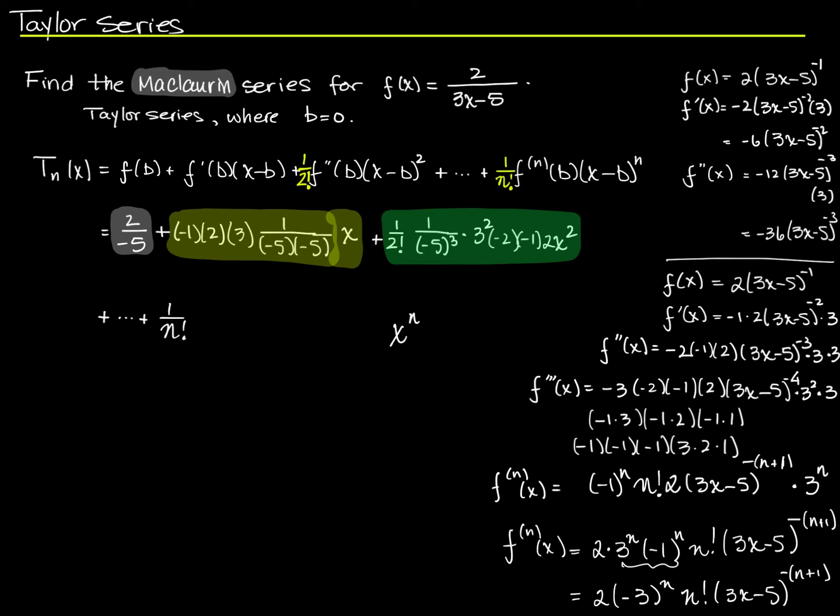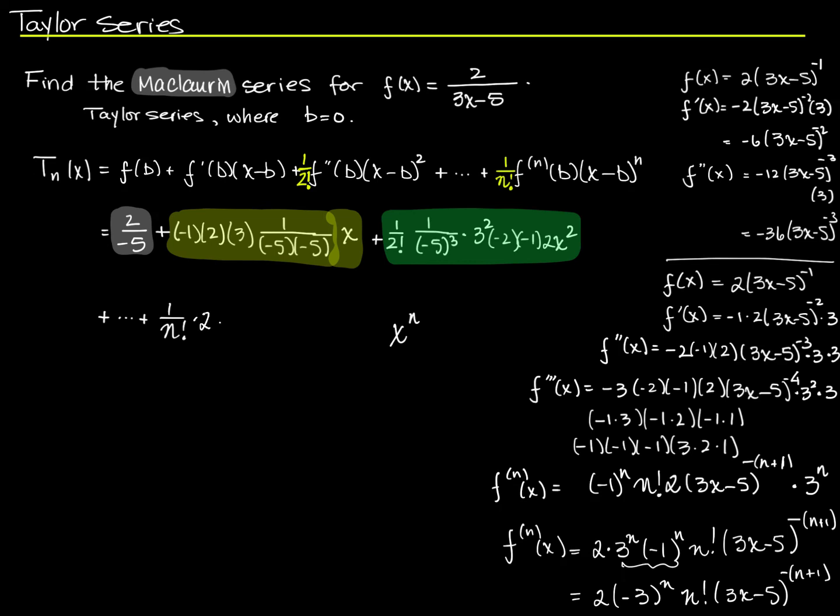Well, b is 0. So I'm just going to plug in 0 for x here. Well, the only thing that has any x's in it is this thing right here. So I'm going to get that negative 5 to the power of, and then I have all this coefficient stuff as well. Let's just go ahead and write it as it is.